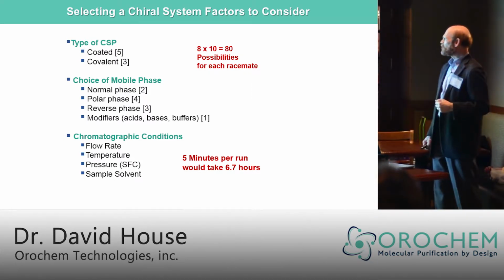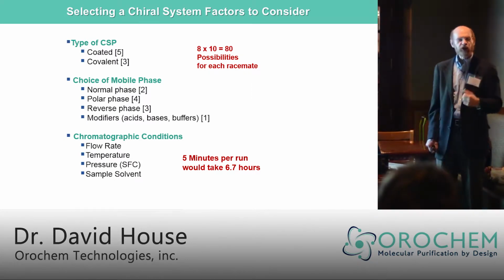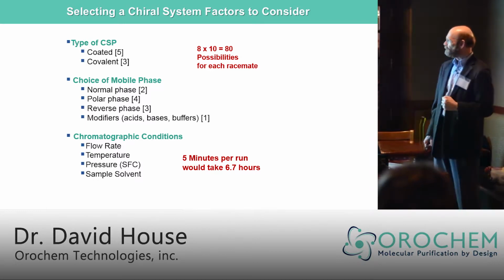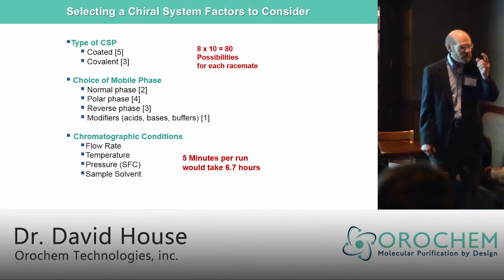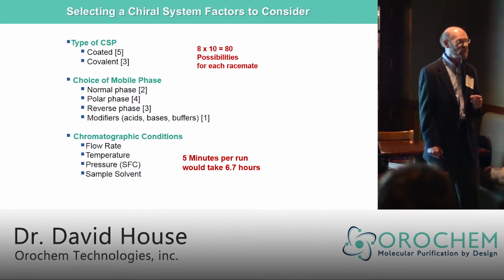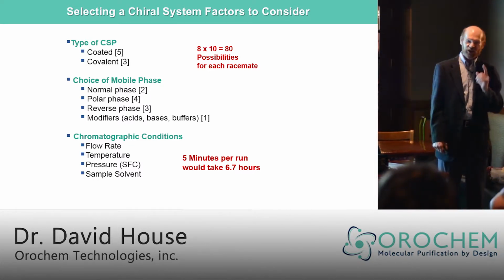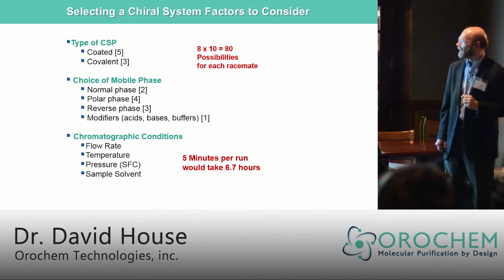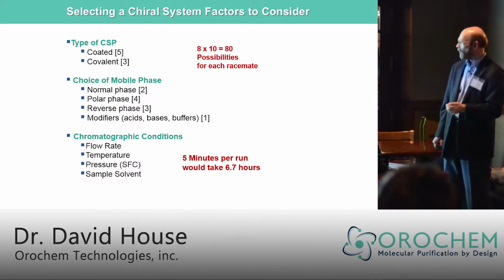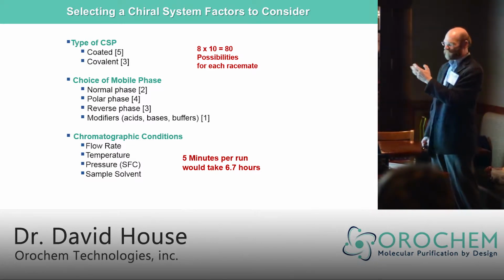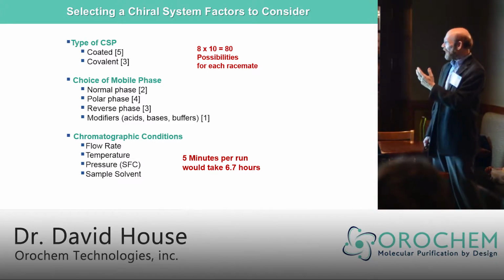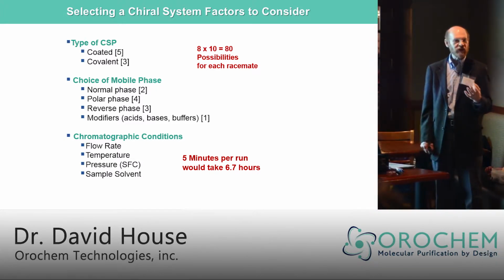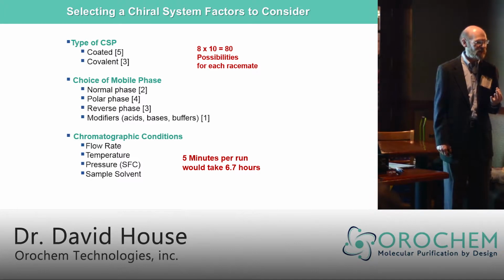Now, selecting the best chiral stationary phase. The general procedure to do this is first check the literature. If you find your separation in the literature, great. You're extremely lucky, and you only have to do a little fine-tuning. If you're like the rest of us in the world, you wind up checking for similar structures. But you have to remember there's no guarantee of similar behavior on a chiral stationary phase.